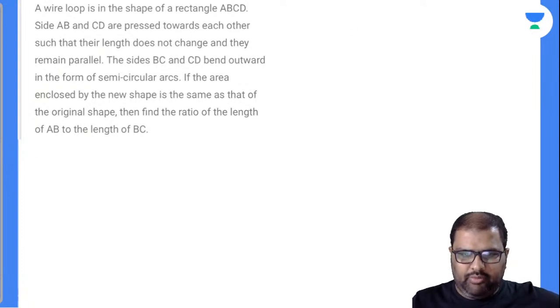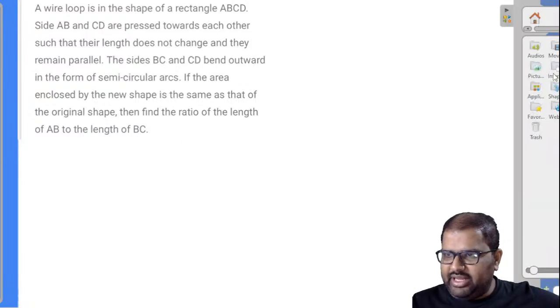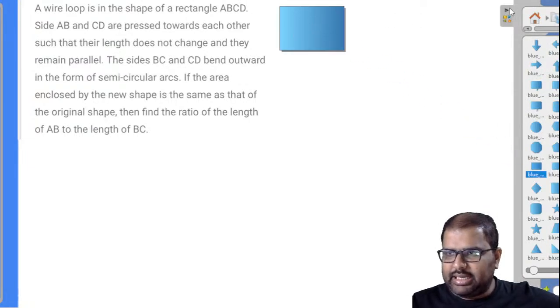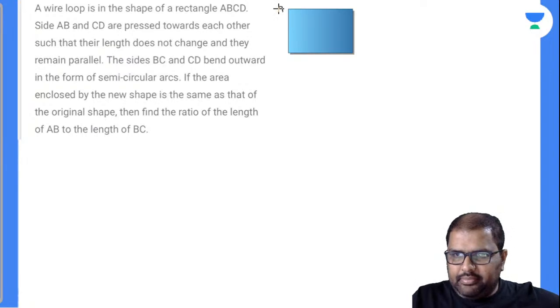Chalo, what I have done: a wire loop is in the shape of a rectangle. For your convenience, I'll draw the shape. Let us take this as a rectangle ABCD.